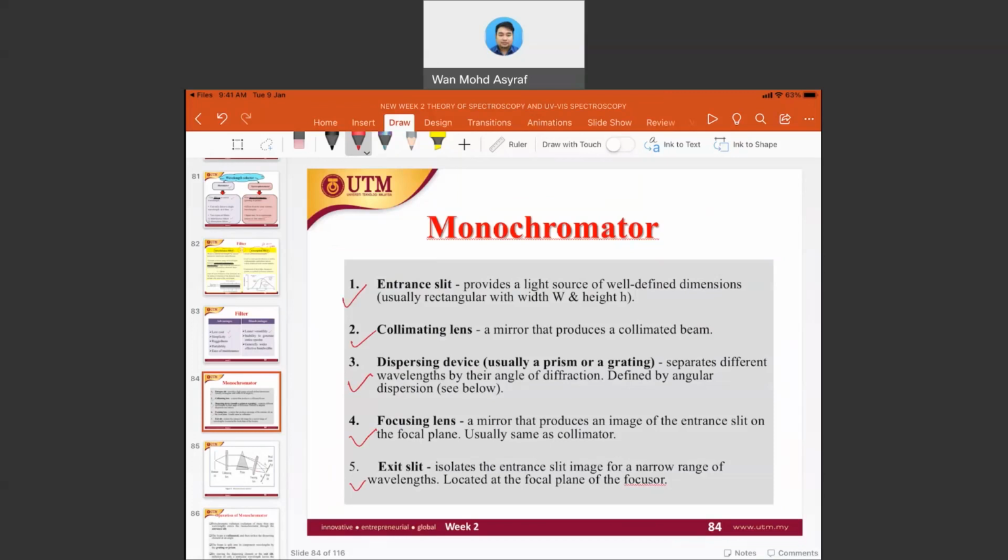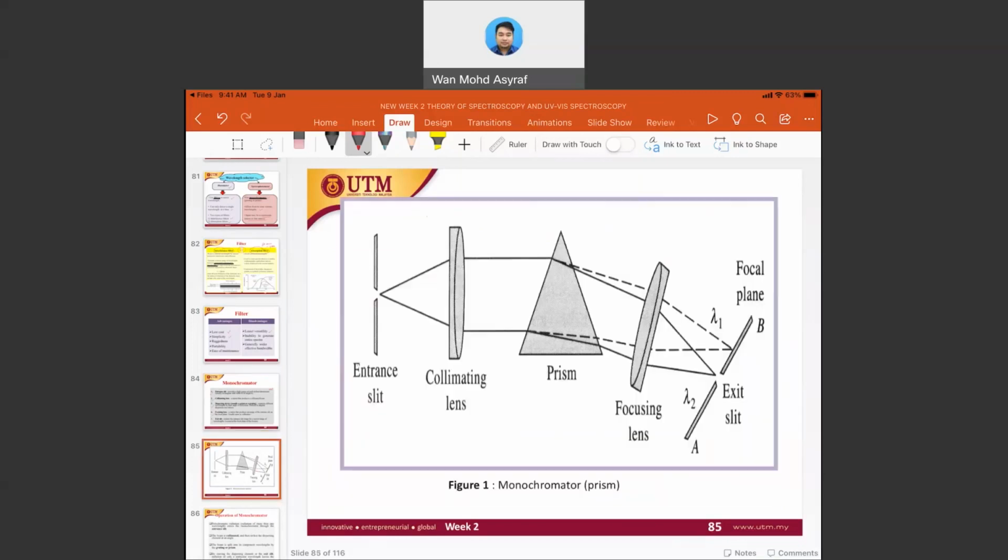You can read all of this in terms of the definition, but basically the function of the monochromator is that it scans throughout the whole range of wavelength, and it selects the wavelength that you intended to choose.